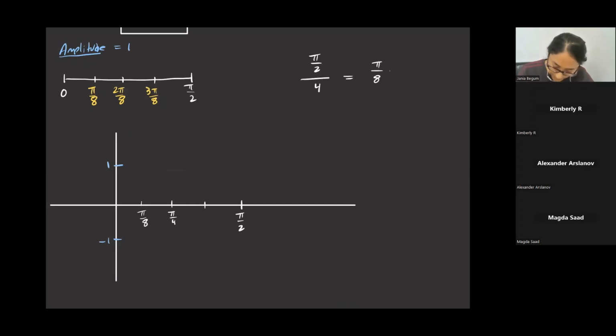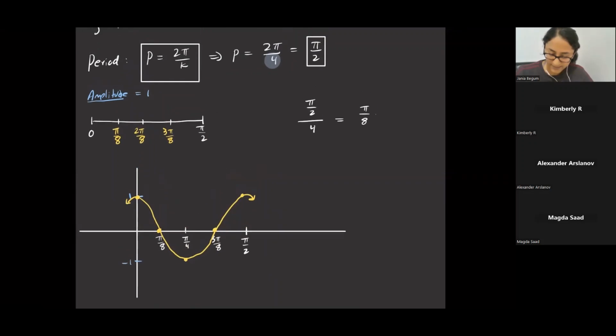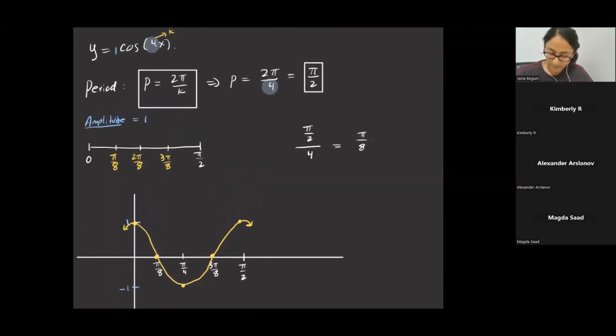And then 3 pi over 8 right here. So cosine will start at its maximum and then goes down to 0, then at -1, 0, and at 1. And you just make the curve. Something like that. And of course, it continues on. Let me know if this makes sense. Yeah, it does make sense.